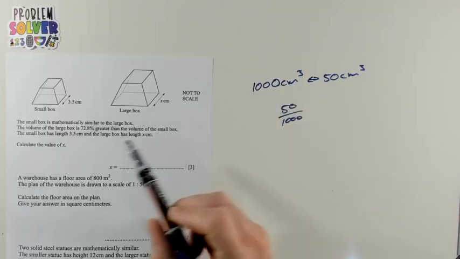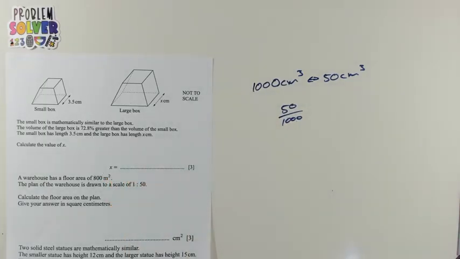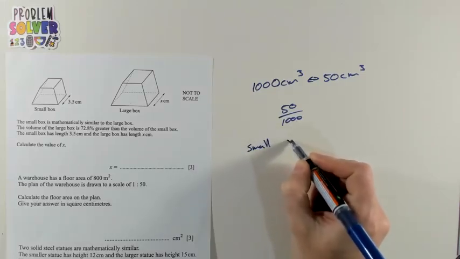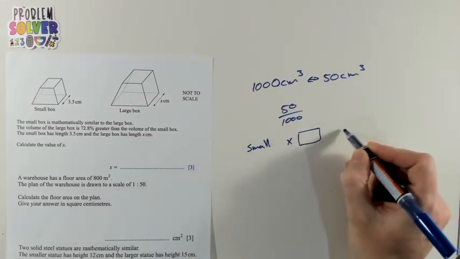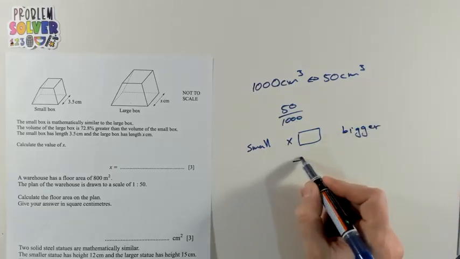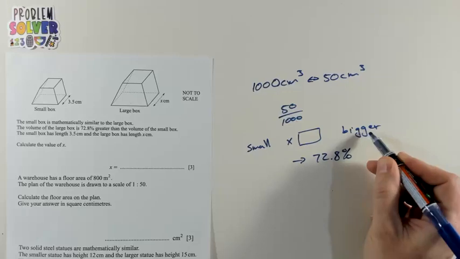But in this case, we have a 72.8% increase. So we have a small one, and we're going to multiply it by some value to get the bigger one, which is 72.8% bigger.